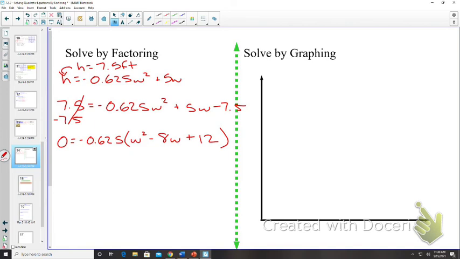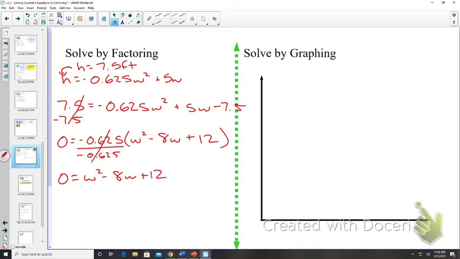Now if we divide both sides by negative 0.625, we're left with 0 equals w squared minus 8w plus 12.